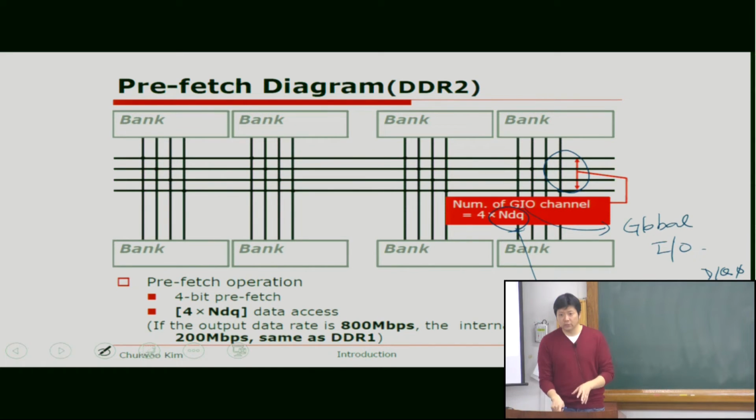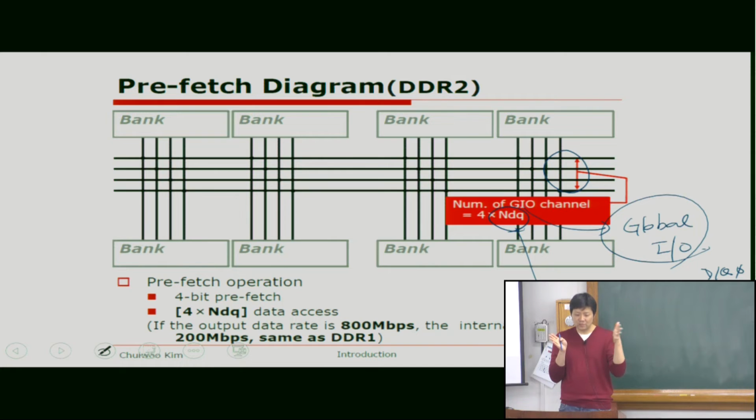Then internally, you fetch 32 bits, because your data rate is 4x compared to SDRAM. In order to satisfy this data rate, you need to fetch 4x more data than the original SDRAM. So now you have 4x more bits at the same time, which is 32 bits in this example, and you send it over 4 edges: rising edge, falling edge, rising edge, falling edge.